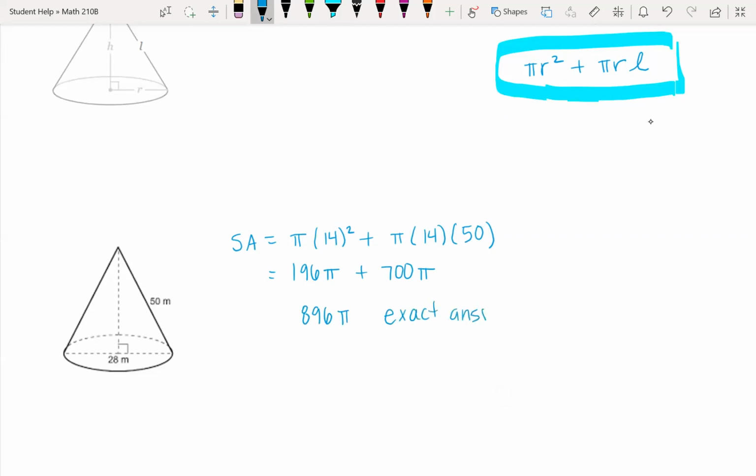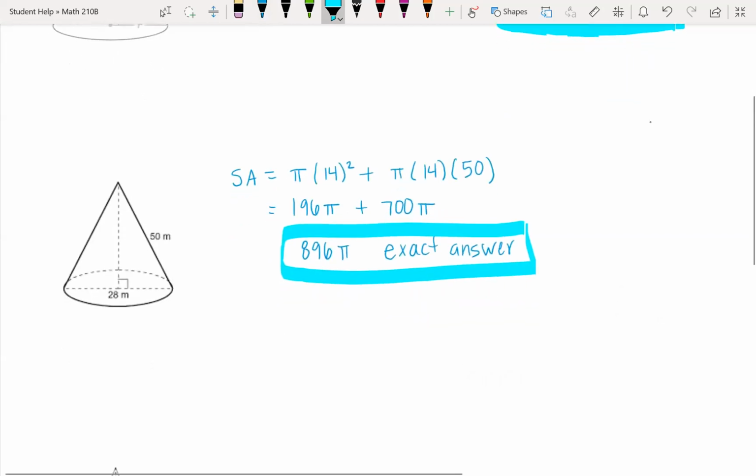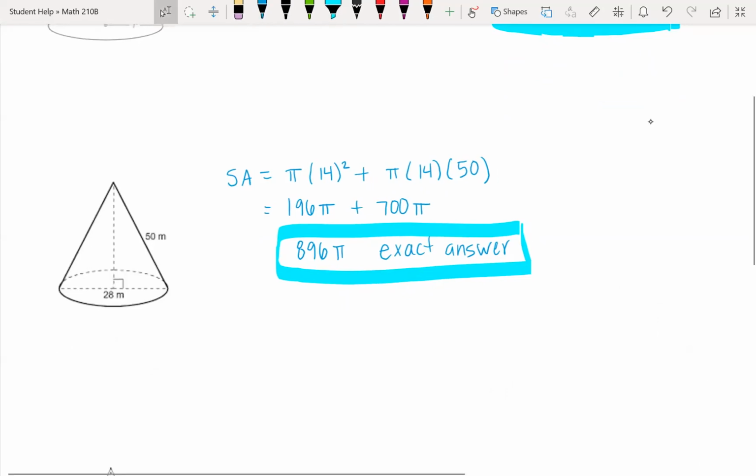This is the exact answer. In elementary school, the kids don't use calculators very frequently, and so they're typically going to give the exact answer like this with the pi symbol left in it. If we wanted to get an approximate answer, then we would maybe type in 3.14 for the pi symbol. And so in this case, we'll get 896 times 3.14.